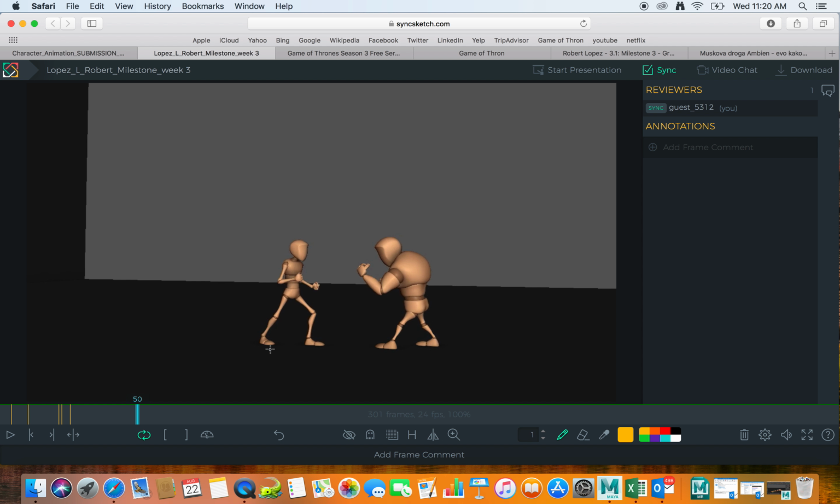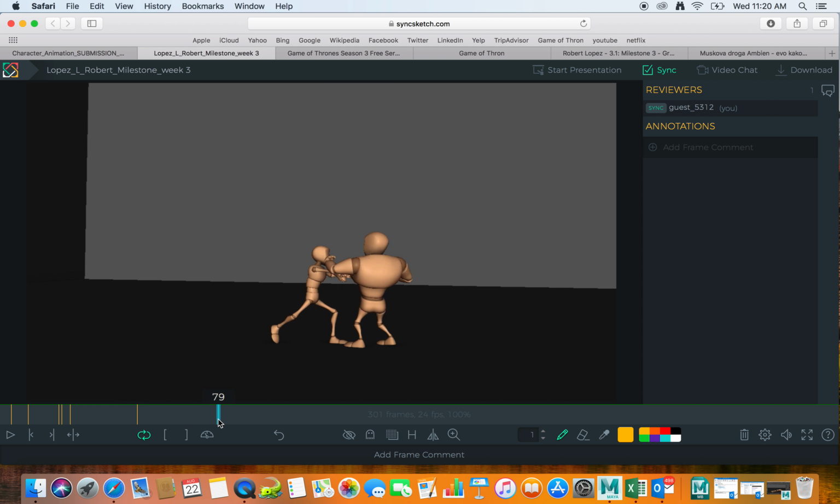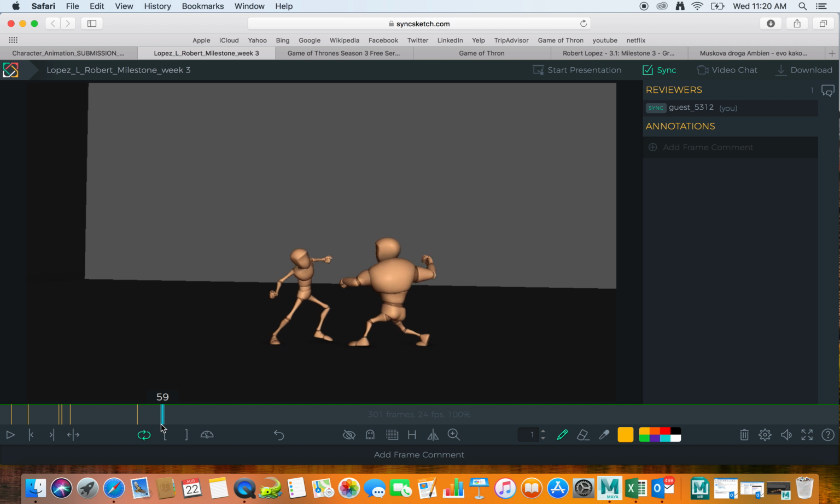He shouldn't be just pulling his leg, because it looks like he's on ice, so his leg is sliding. There will be lots of sliding here, which makes characters not stable on the floor.